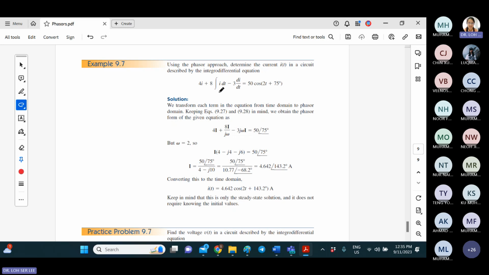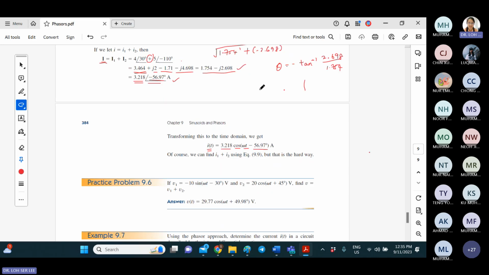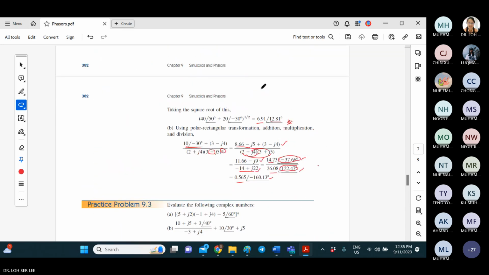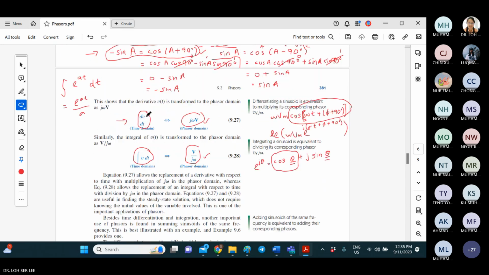Okay, so this one, you have to know what is this and what is this. Just now, you have already seen this one. dV/dt, you get JWV. Integration of V, you get capital V over JW.